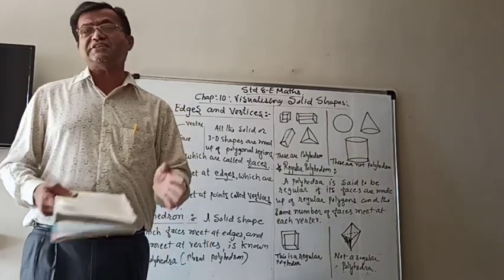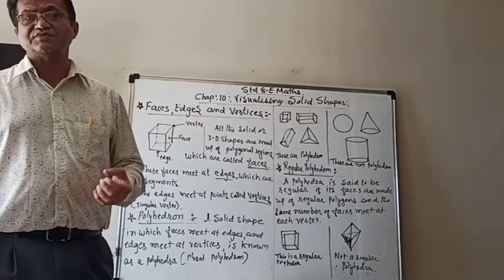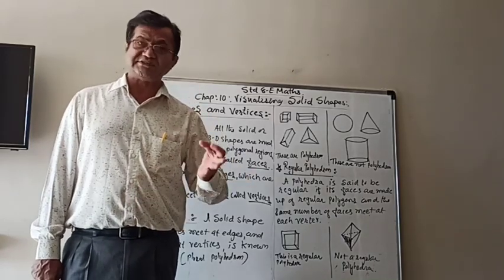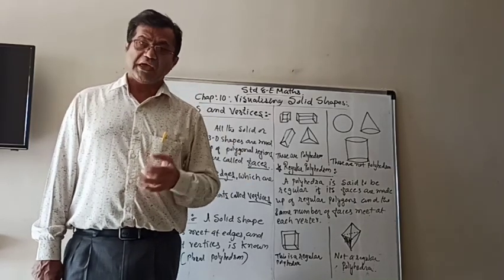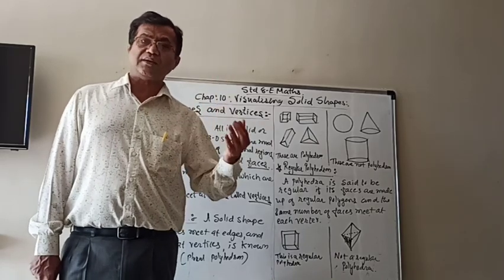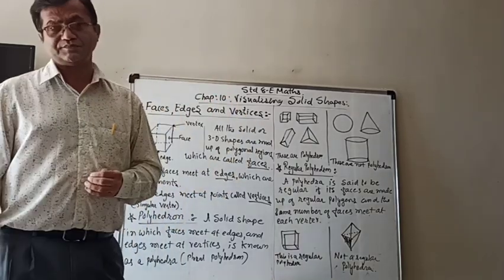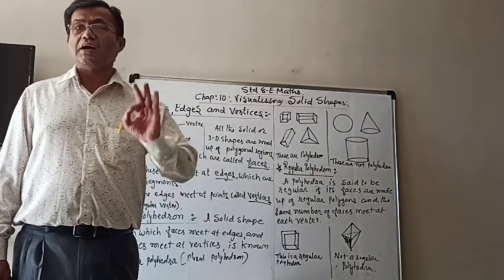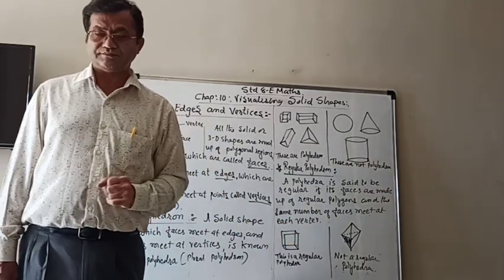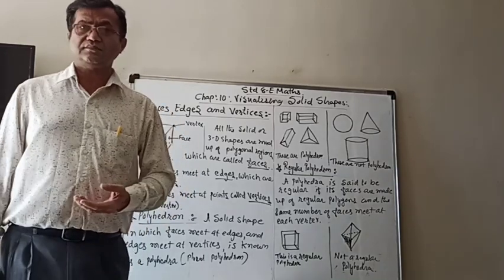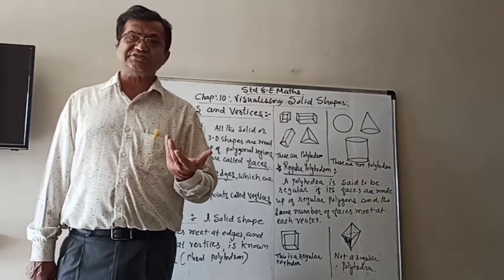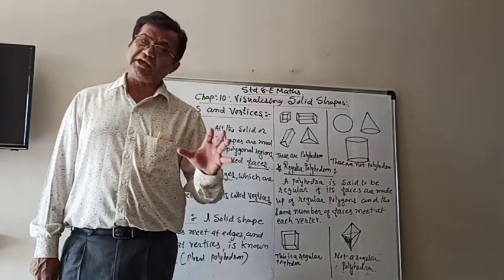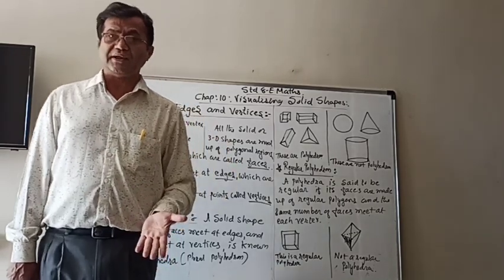In a cube you can see that all the 6 faces are the same squares, and a square is a regular polygon, and all the 6 squares have the same length. Therefore we can say that a cube is a regular polyhedron. But in a cuboid, all the surfaces are not regular polygons, and therefore it is not a regular polyhedron.